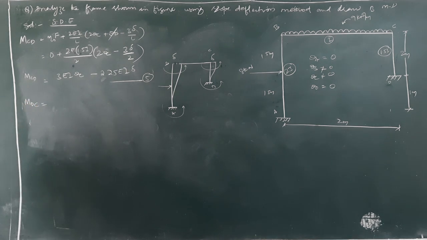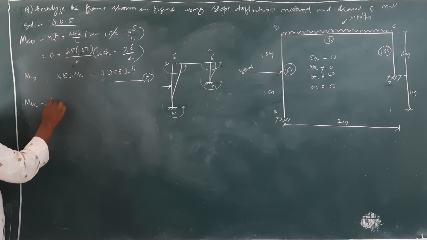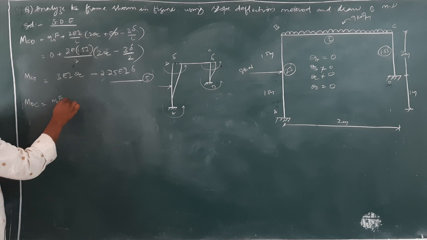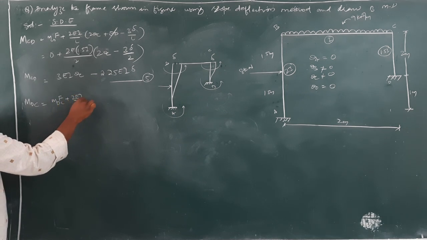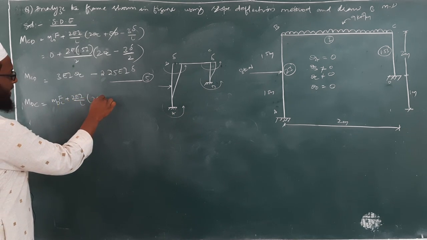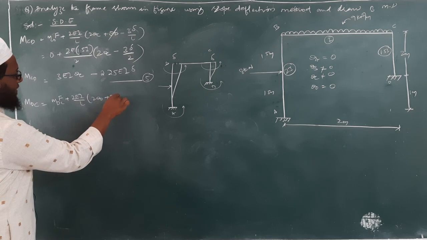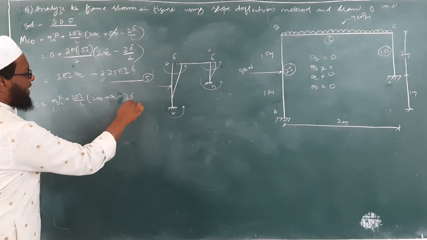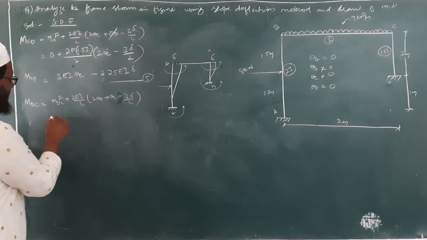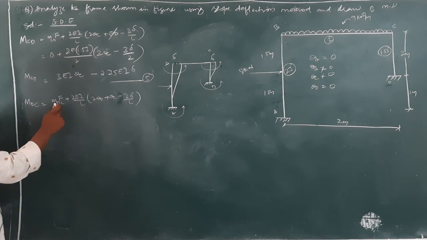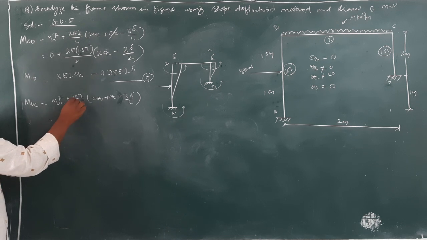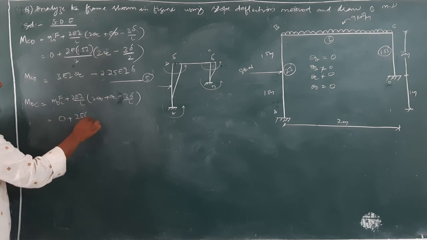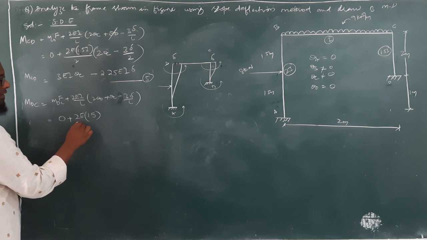Now MDC. How will you calculate MDC? MFDC plus 2EI by L into 2 theta D plus theta C, then minus 3 delta by L. Okay. So what was the value of MFDC? 0 plus 2E. What is the value of I we have? 1.5.